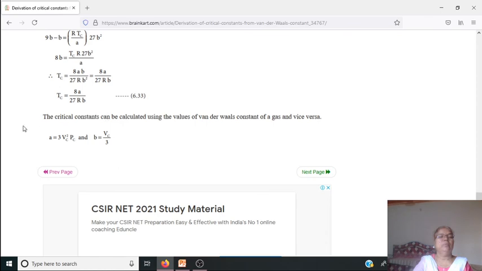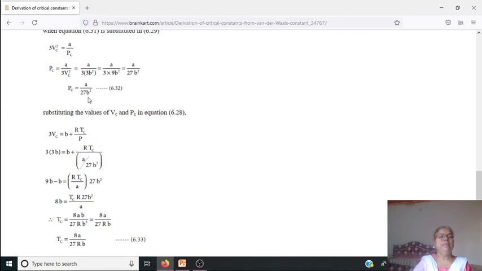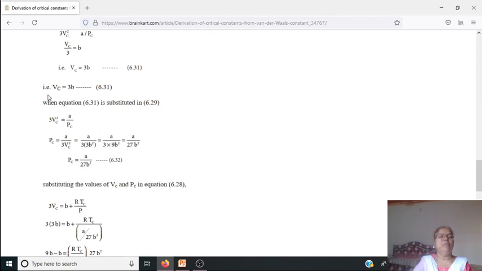But we can also calculate the values of A and B in terms of critical constants, that means in terms of critical pressure and critical volume also. Here remember the value of Tc is equal to 8A upon 27 RB. The value of Pc is equal to A upon 27 B square, and the value of Vc is equal to 3B.